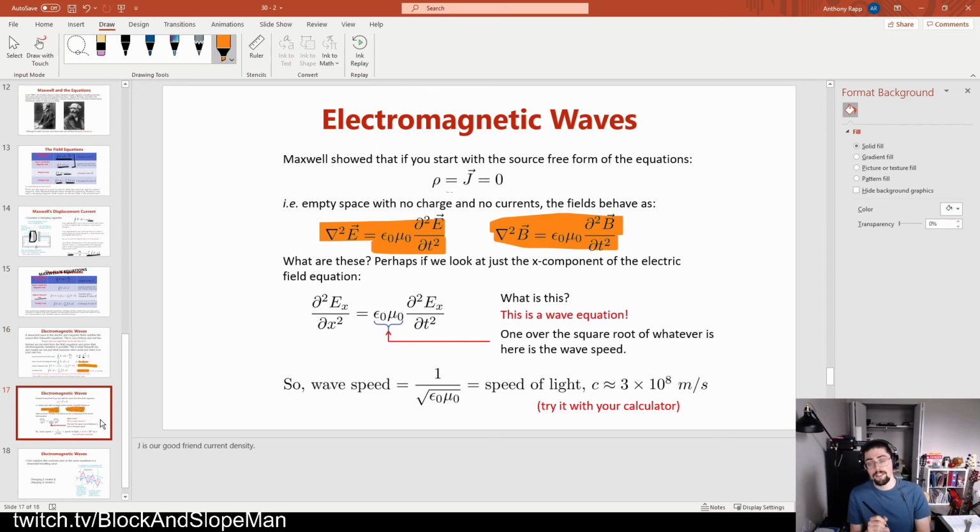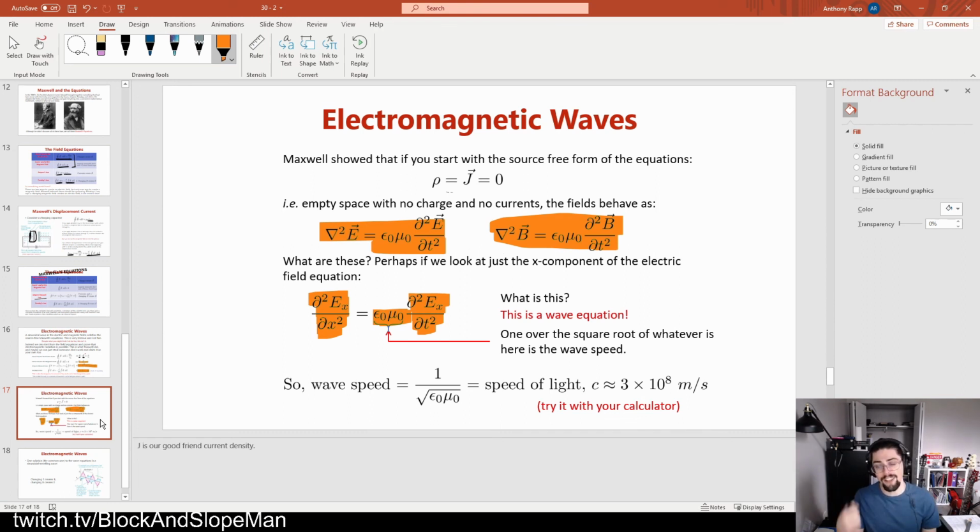Well, in that case, let me not think about del as much. Let me just remember that del is x, y, and z. Let me focus on x. If E is changing with x, and that's equal to some constant times the second time derivative, this is our old wave equation for sine waves, for regular oscillatory motion.